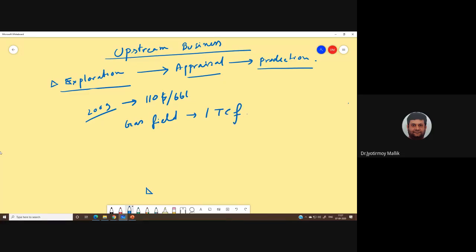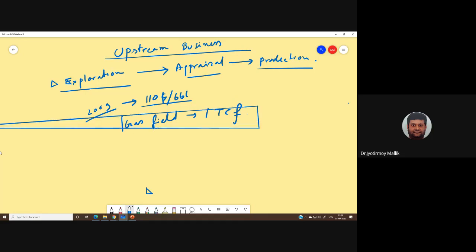So maybe when it is $110 per barrel, it is okay to develop a field which is of 1 TCF, because it means that there is more demand. But say for example, a few years later, when the oil price is around $30 per barrel, it will be very difficult to develop a field which is of 1 TCF volume, simply because there is not much demand.